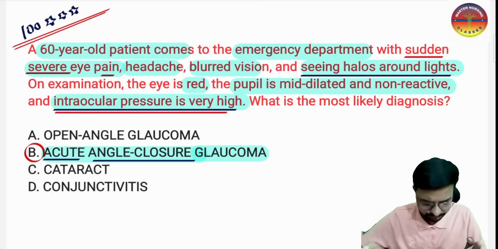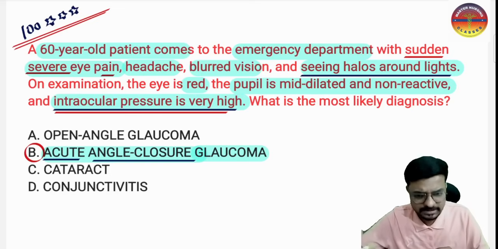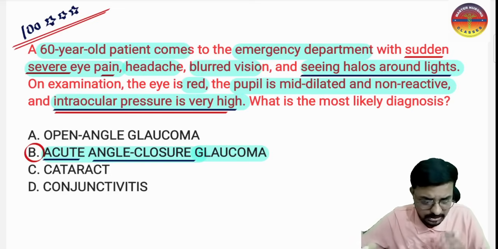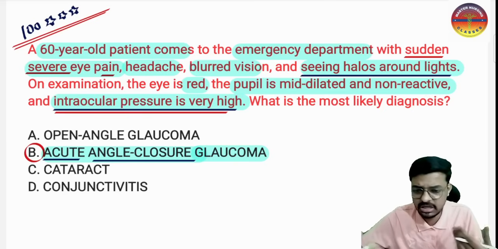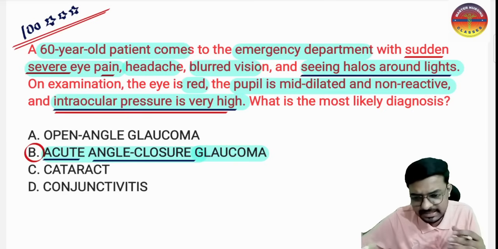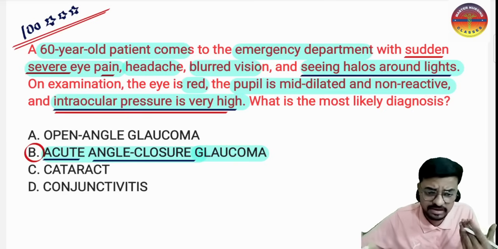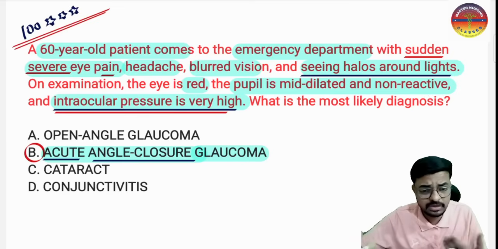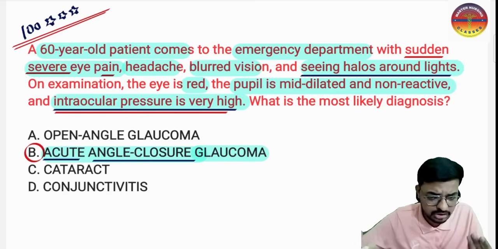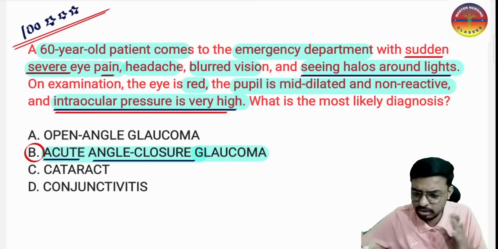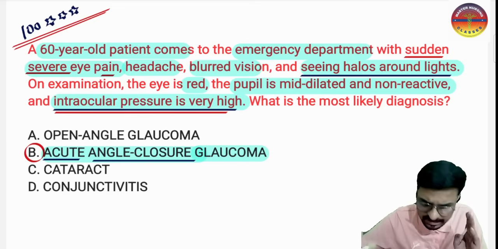Now you tell me, what is glaucoma? Glaucoma is the condition where there is increased intraocular pressure, meaning inside the eyes there is a heavy increase in pressure. Sir, what is the normal intraocular pressure? It is 10 to 21 mm of Hg.